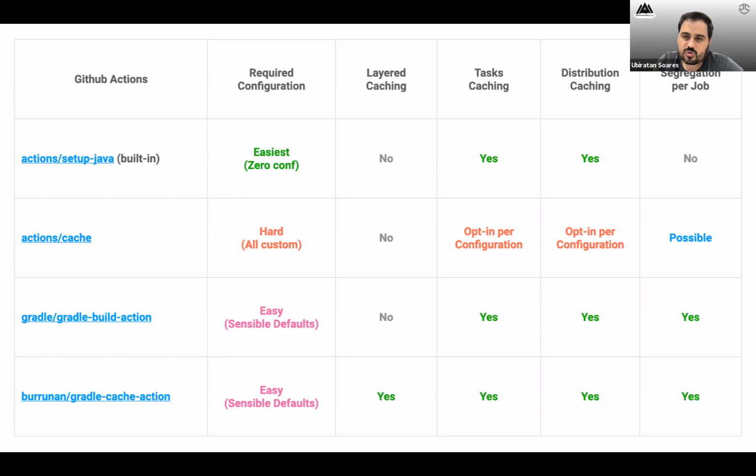As a rule of thumb, I would say that the Gradle build action provided by Gradle does a good job when talking about caching. And most likely, if you have a very simple project, the built-in support for caching provided by the setup-java action is quite decent. So you can go with it.